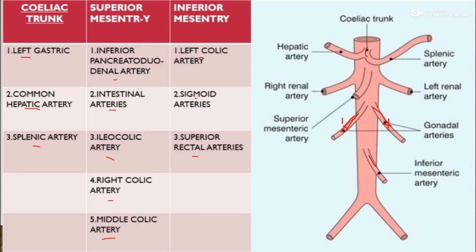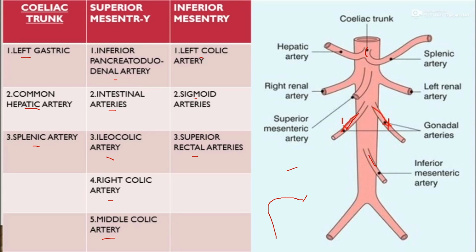Mainly, up to the second part of the duodenum is supplied by the branches of the celiac artery. From there, inferior pancreatico-duodenal, intestinal, ileocolic, right colic, and middle colic. Right colic and middle colic up to the transverse colon are supplied by the superior mesenteric artery.